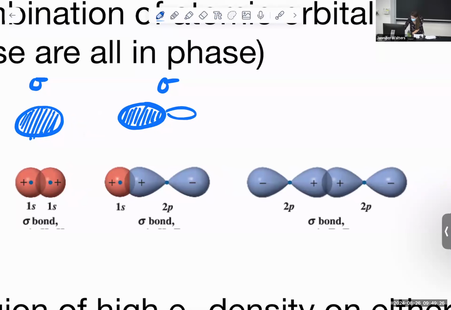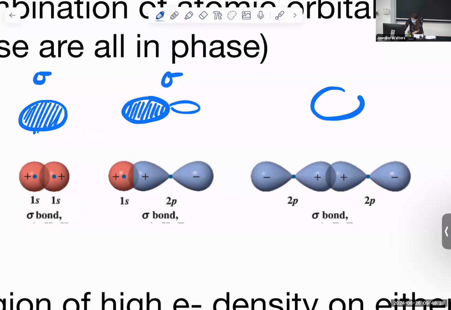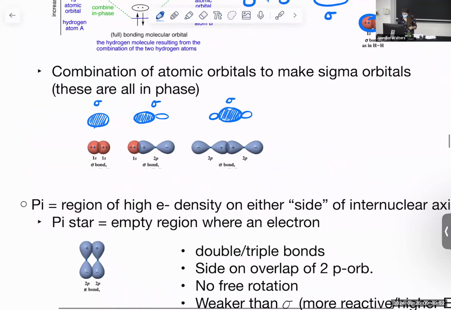I can also have 2 p orbitals come together with head-on overlap. I get a big middle and 2 little on the outsides. That is also a sigma. There are many different shapes that sigma can take on. The point is, it is always on the internuclear axis. If you were to draw a line between the nuclei, the electron density is along that line. This is head-on overlap.